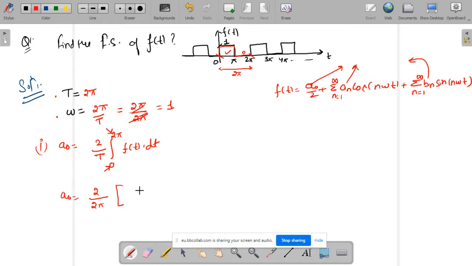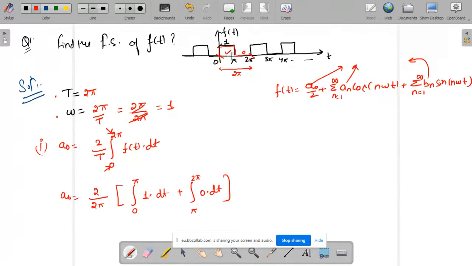So I have to divide the limits into two parts. 0 to pi the signal is 1, plus pi to 2 pi the signal is how much? It is 0. Remember this thing. We will use this concept many times.